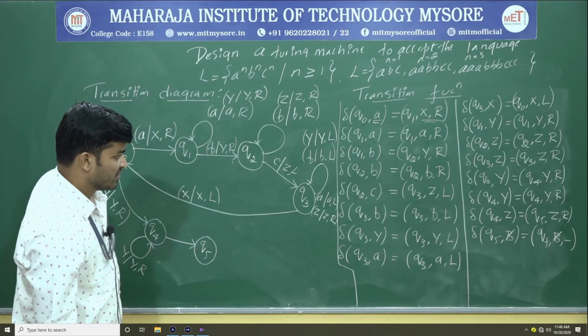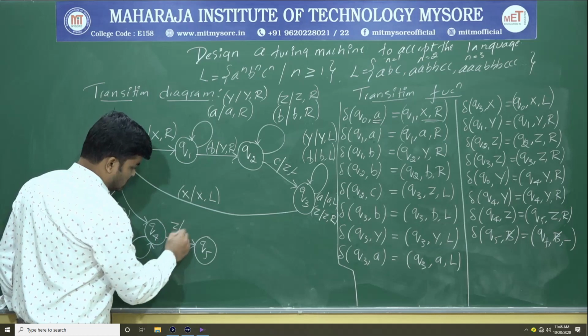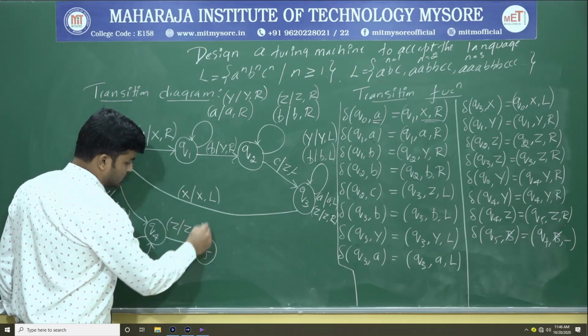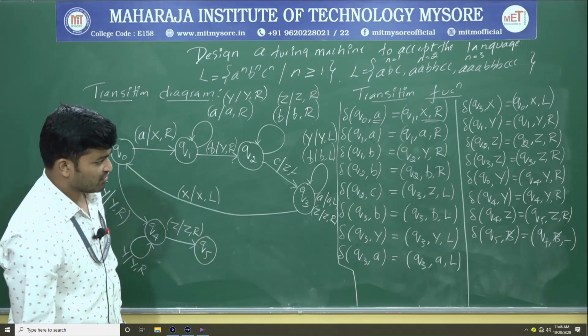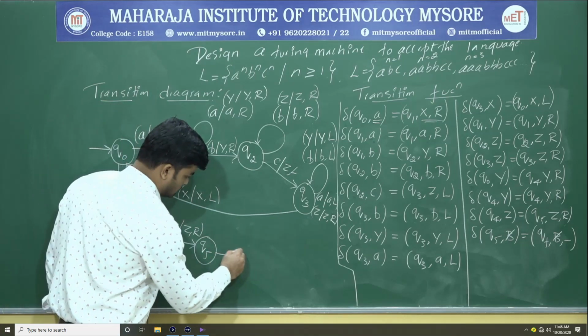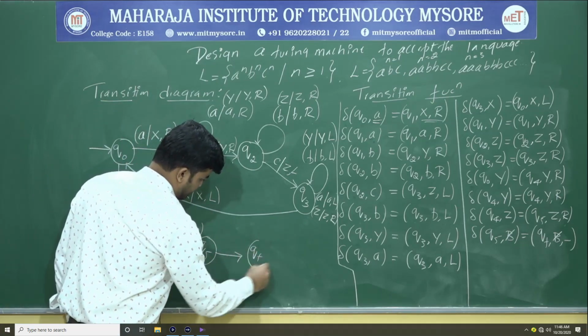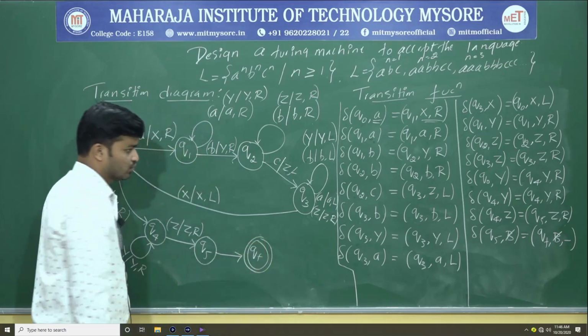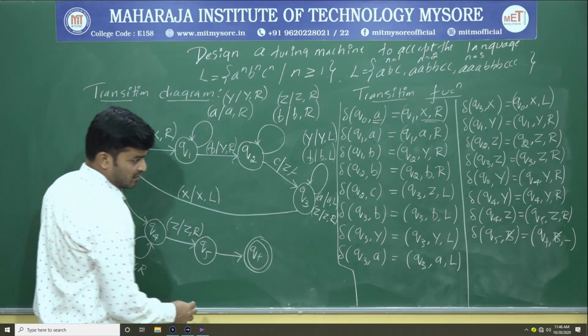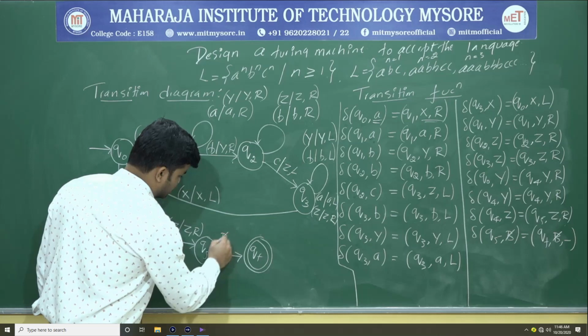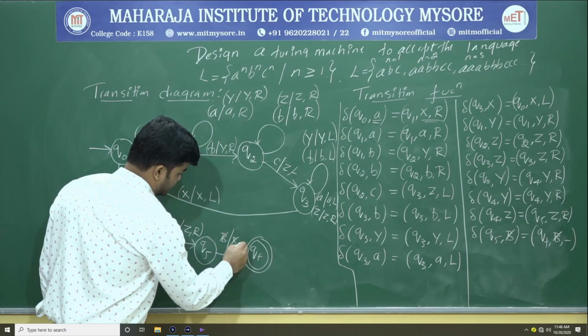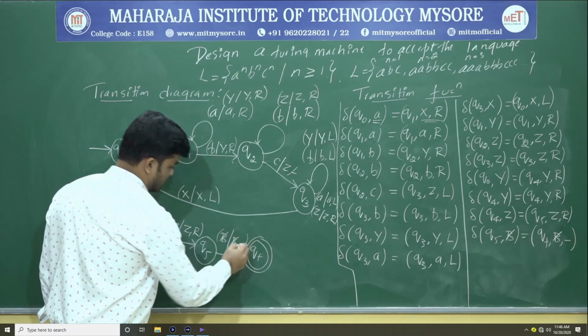Q4 to Q5 is Z slash Z comma R. So from Q5 to Qf, that is an accepting state, therefore take a double circle. Blank space slash blank space comma dash.